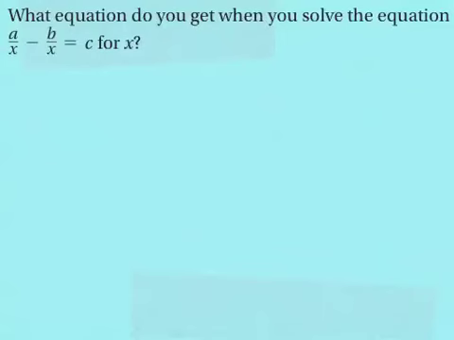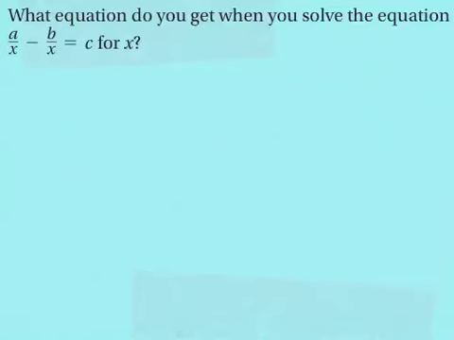The next example says, what equation do you get when you solve the equation a over x minus b over x equals c for x? Again, our goal is to get x by itself. If you notice, we have fractions here, a over x minus b over x.